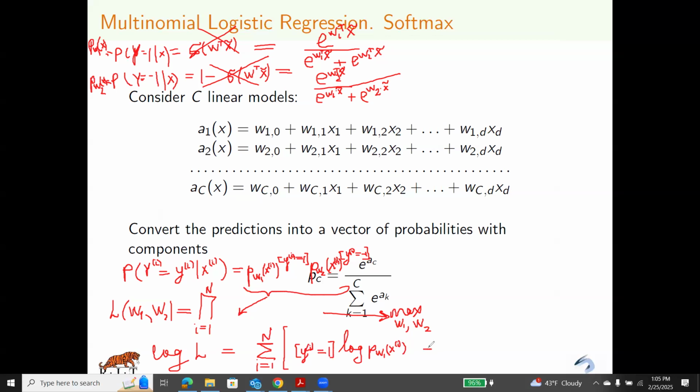Plus the second multiple. Again, the power will go outside the log. Yi equals -1, times the log of the probability of the second class.